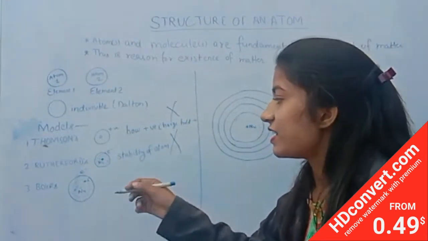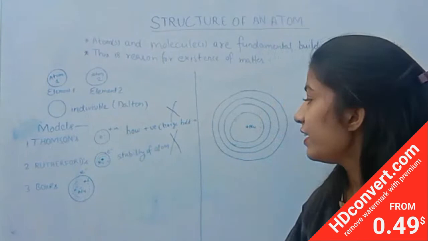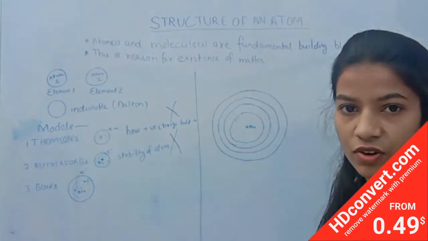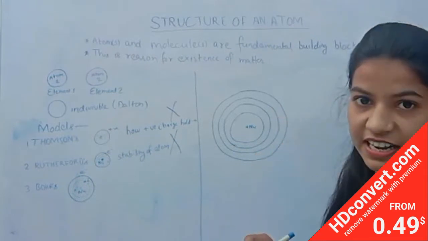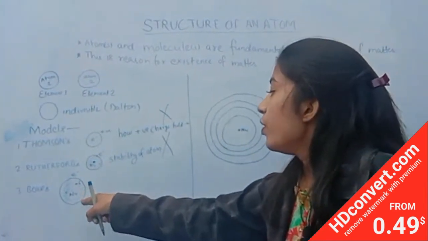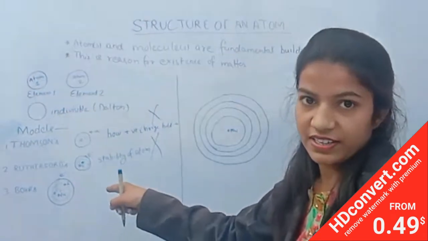Means Bohr clarified the fact that electrons obviously revolve, but each and every electron has a different energy level. Means the electrons are not going to fall into the nucleus, right?